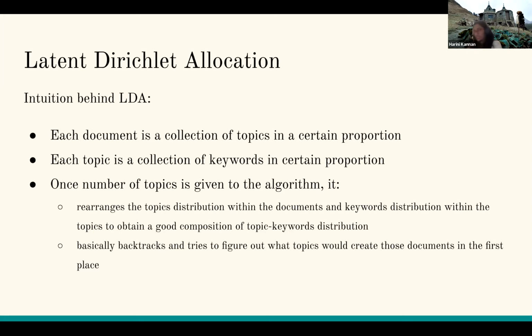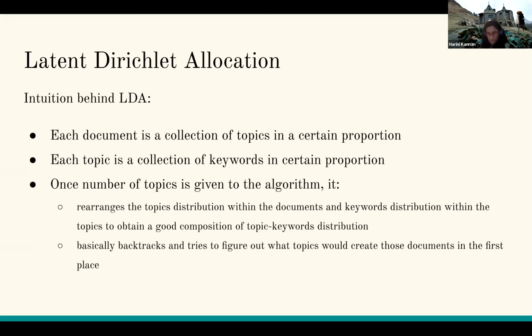Okay, so let's see the intuition behind LDA. We will not be going into a lot of the algorithm specifics as to how it actually works. You have tons of literature on that if you want to learn about LDA, the mechanics behind the algorithm, and the theory behind it.